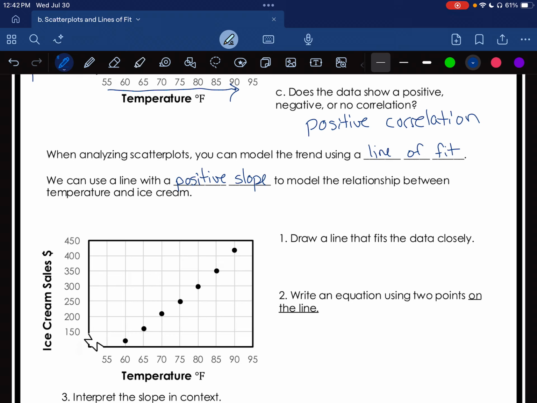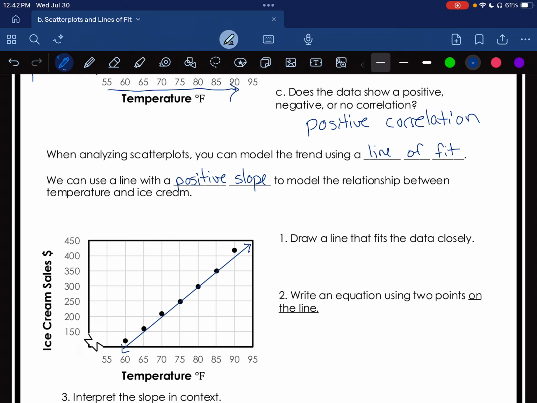Okay. So close doesn't fit all the points, and you should have typically the same amount above as below, just kind of close.